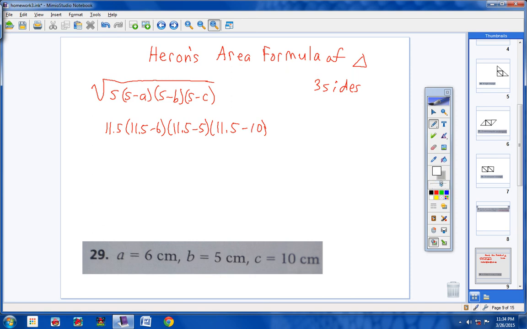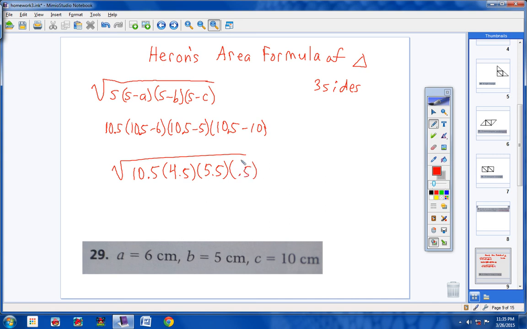Your S would be 10 and a half. So let's quickly change that. So we'll make this 10.5, 10.5, 10.5, 10.5. So we have 10.5 times 4.5 times 5.5 times 0.5.